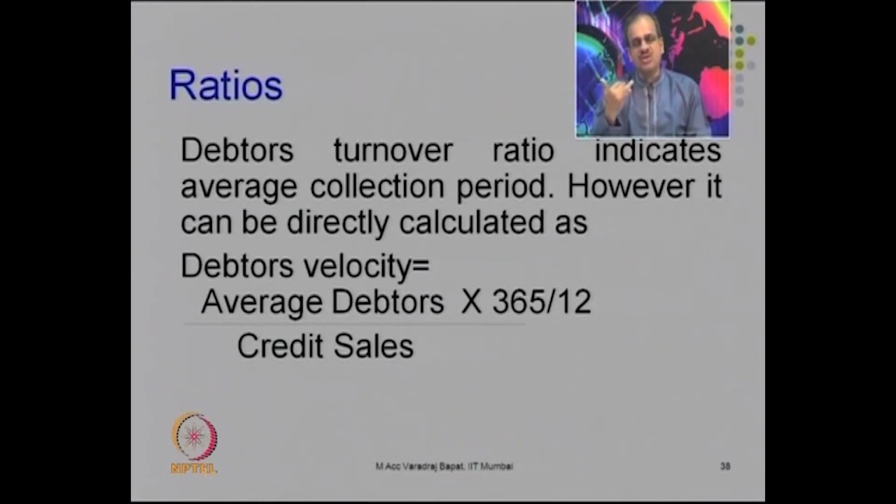So, what it tries to do is, we try to find how many days of receivables an entity has. Again we will try to see how does it compare with the policy, and every entity will try to reduce the time of the debtors velocity, because the company wants to recover the debts or the receivables as fast as possible.